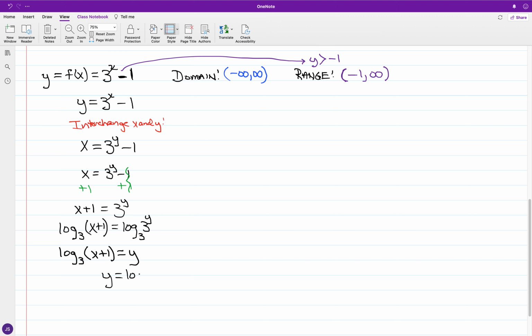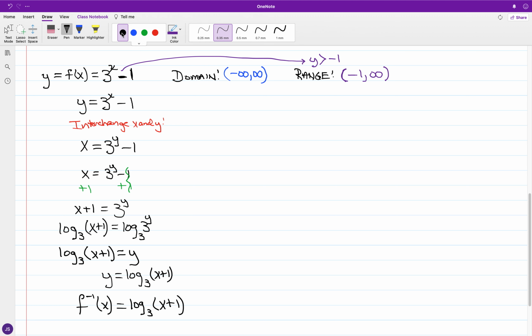Just reversing the order, y is equal to the base 3 logarithm of x plus 1, and then we have y is equal to the inverse of f of x, which is equal to the base 3 logarithm of the quantity x plus 1.